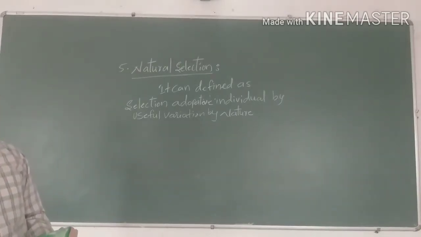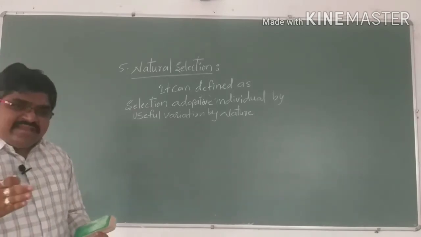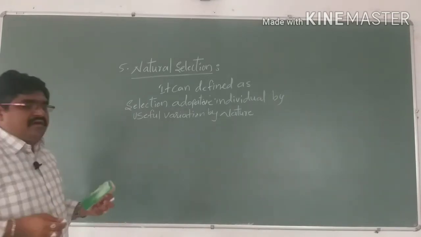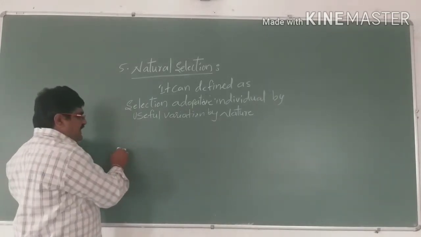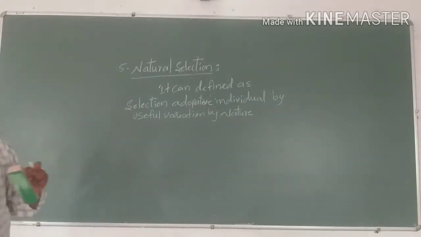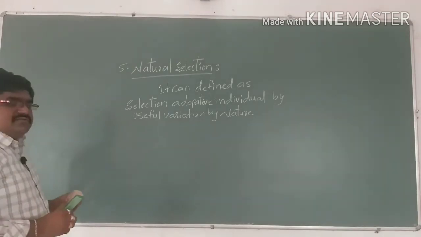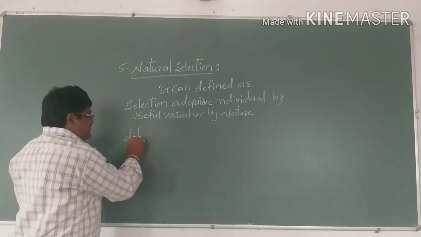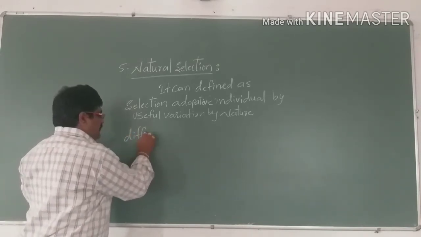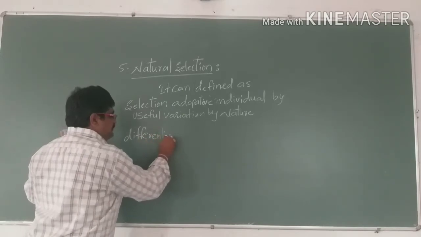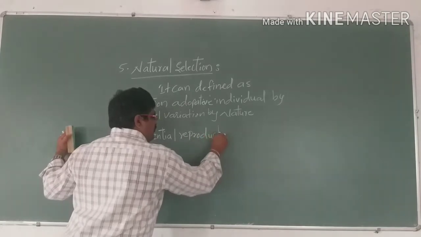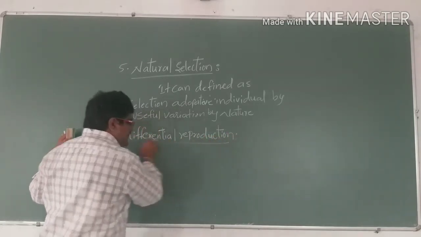If they have less adaptive variations, these are gradually deleted from nature. This process we call differential reproduction. So what does differential reproduction mean?